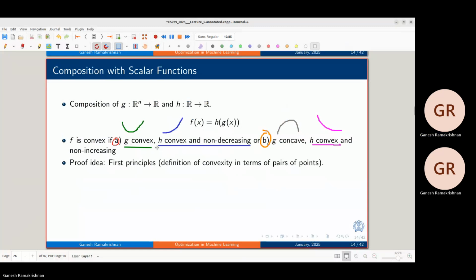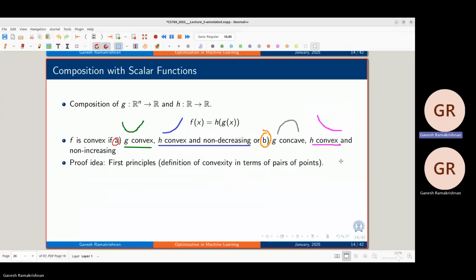Or if g, the inner argument, is concave, then you need h to compensate for a concave g by becoming non-increasing. So this is what it means, right? In plain words, for the composition of h with g, if the inner argument is convex, the outer argument is convex and non-decreasing, or the inner argument is concave and the outer argument is convex and non-increasing.